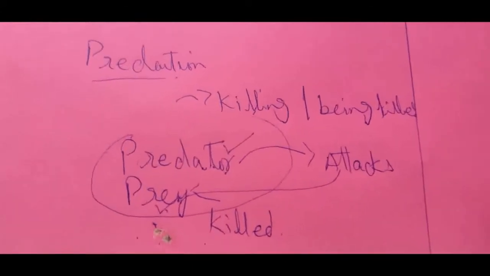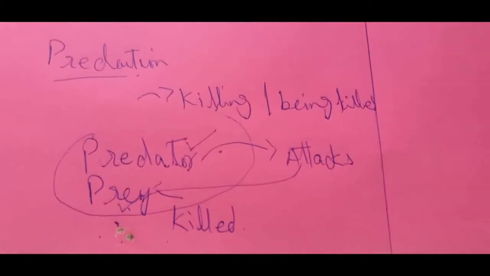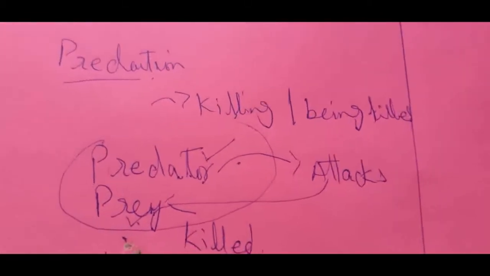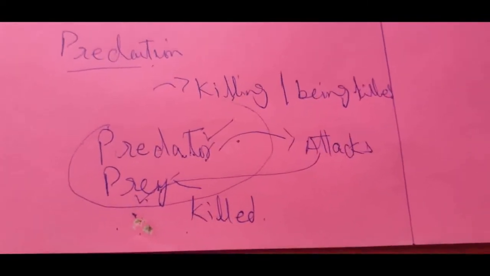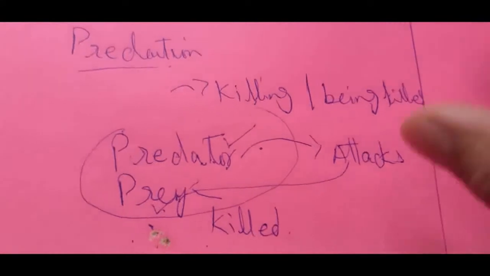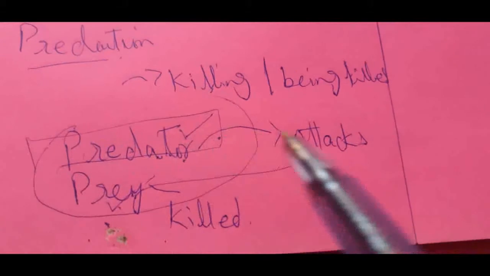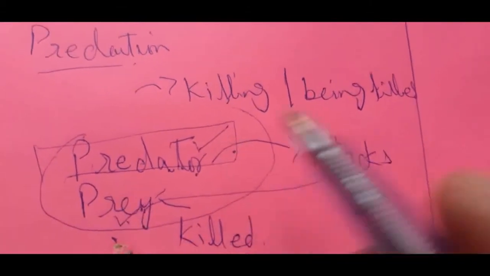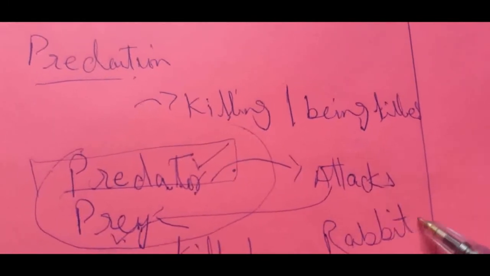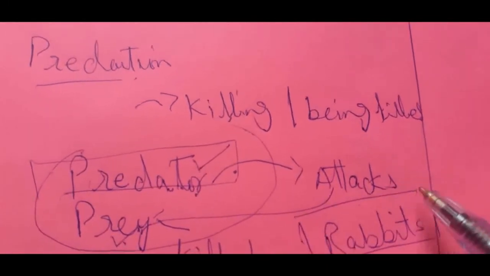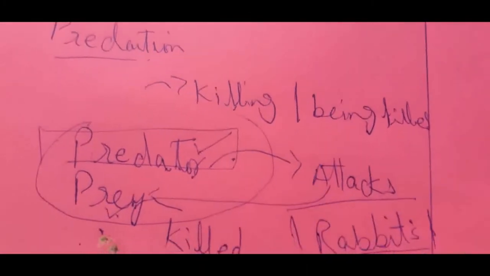Why is that? If it doesn't happen, then obviously their species or their population would increase too much, so that they would occupy the whole land, and then it would be difficult to control them. For example, if there are no predators, as in the case of Australia, there were no predators for the rabbits. And what did the rabbits do? Rabbits had eaten all of the farms, all of the fields, and obviously there were no predators.